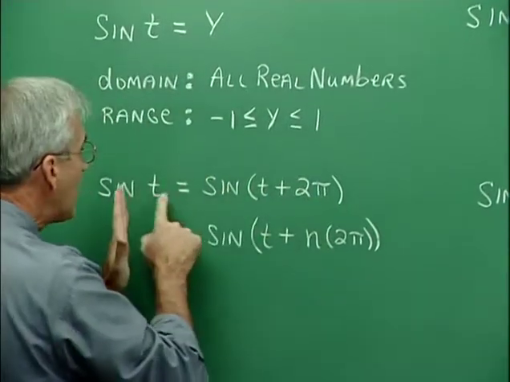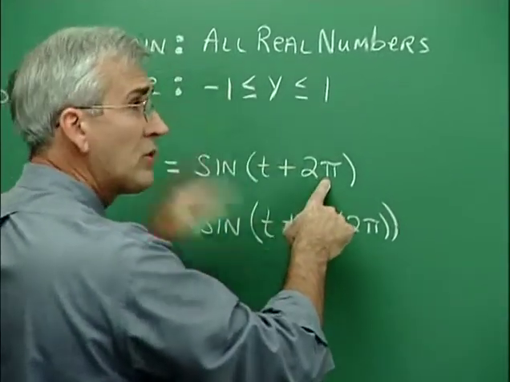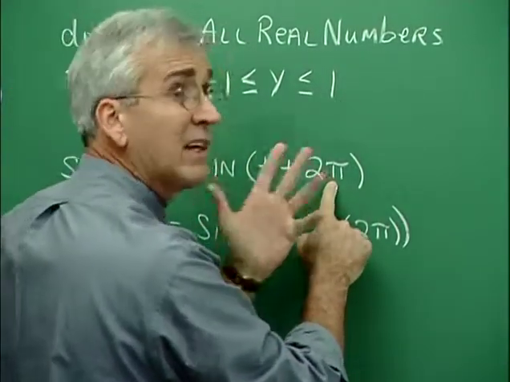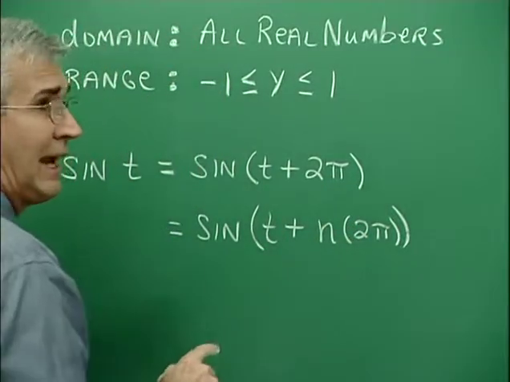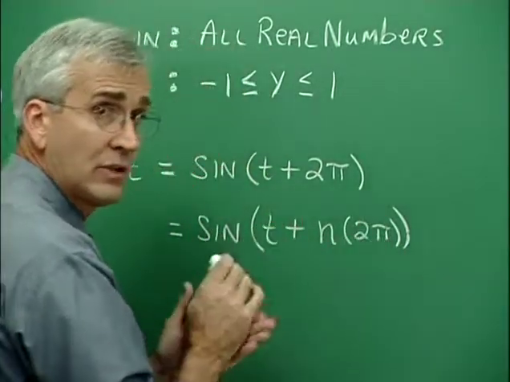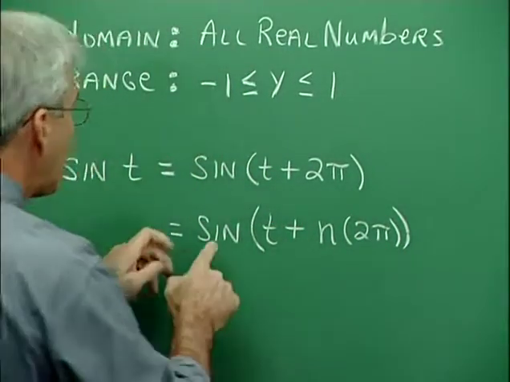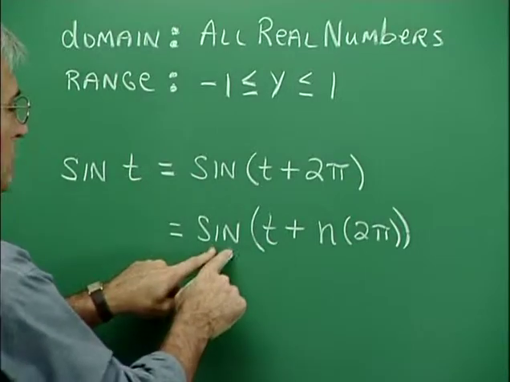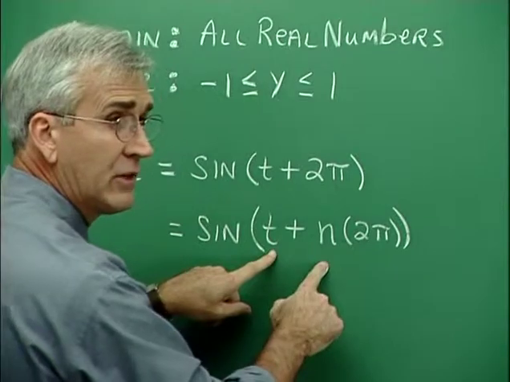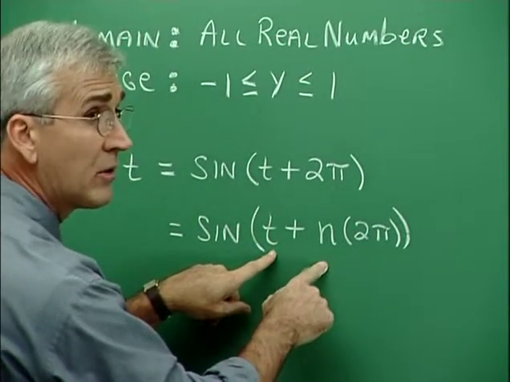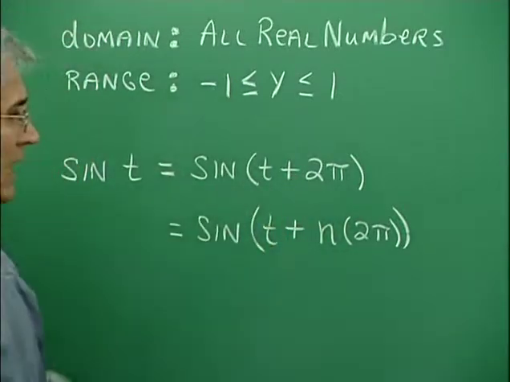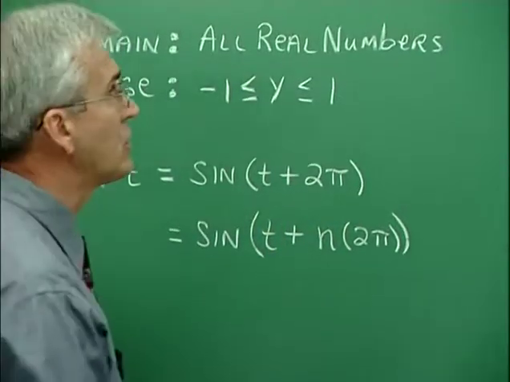For whatever value t is, if we add 2 pi, we're just going all the way around the circle again, and we end up at the same spot. If we subtract 2 pi, we end up at the same spot. We could add or subtract another 2 pi, and another, and another, and end up at the same spot. So indeed, the sine of t is equal to the sine of t plus n times 2 pi, where n is an integer. That integer can be either positive or negative, so we can be either adding or subtracting units of 2 pi.